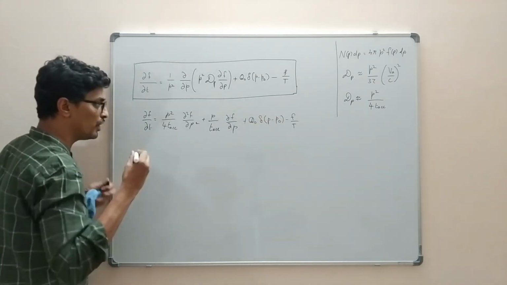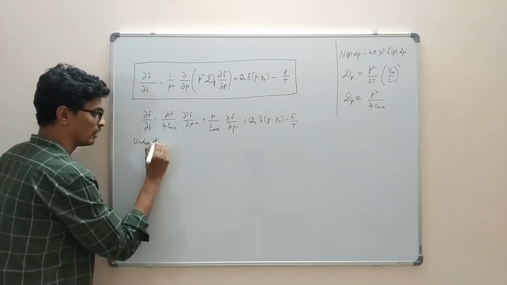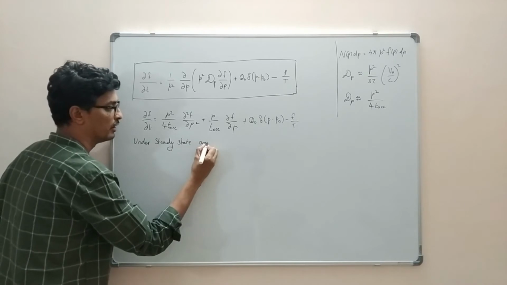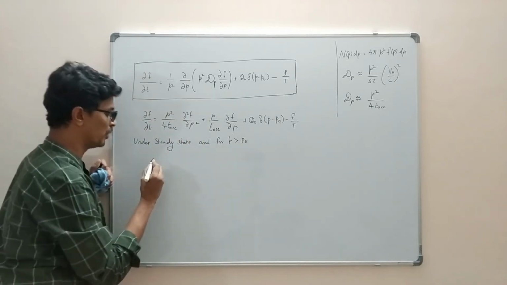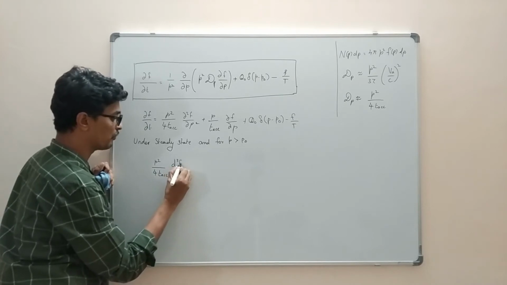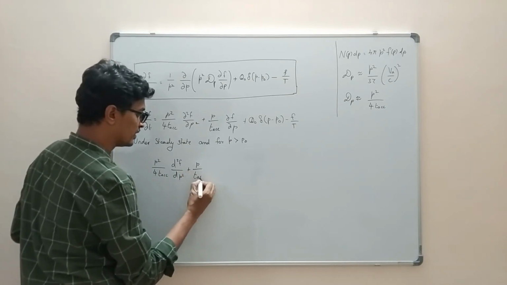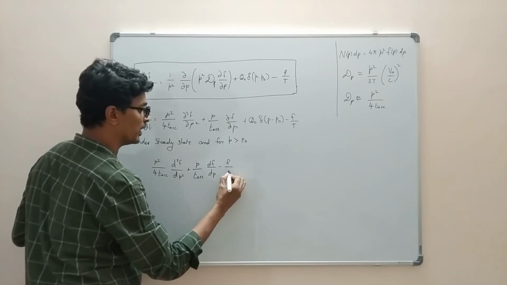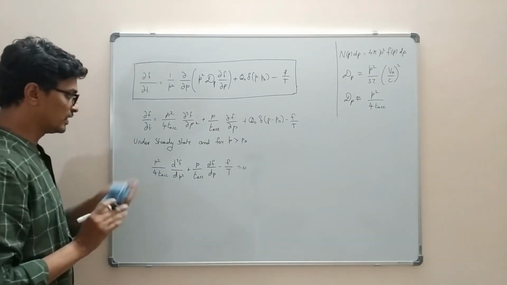So finally, under steady state and for P greater than P0, this equation will become P square by 4 TACC d square F by dP square plus P by TACC dF by dP minus F by T, and this should be equal to 0 because that's a steady state. So this is the equation we have to solve.